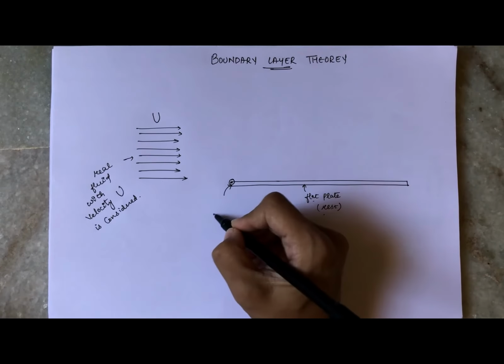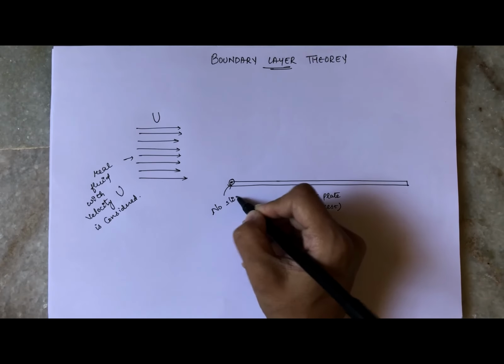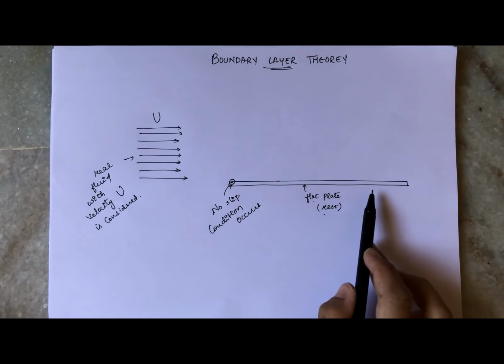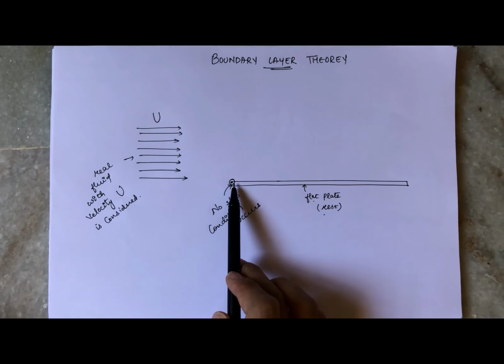In that condition, the no slip condition occurs, because as the flat plate is at rest, the velocity of the flowing fluid will become 0 at this point.